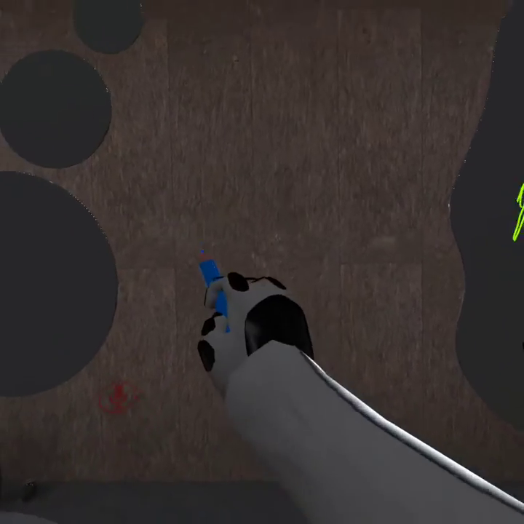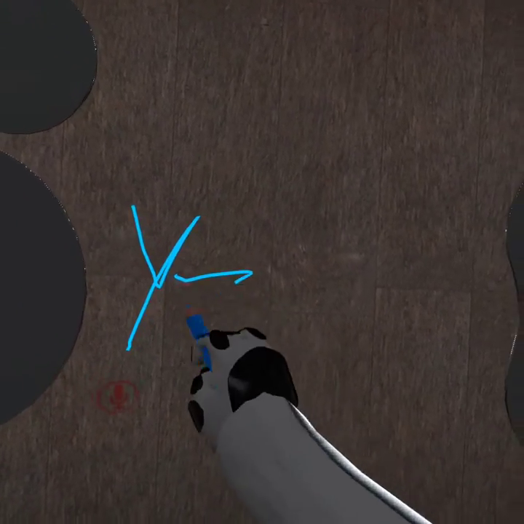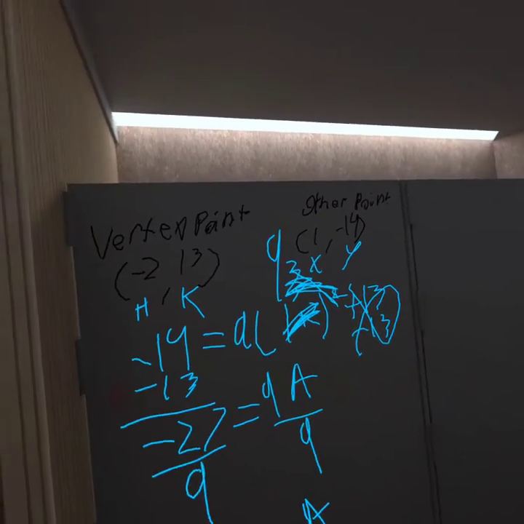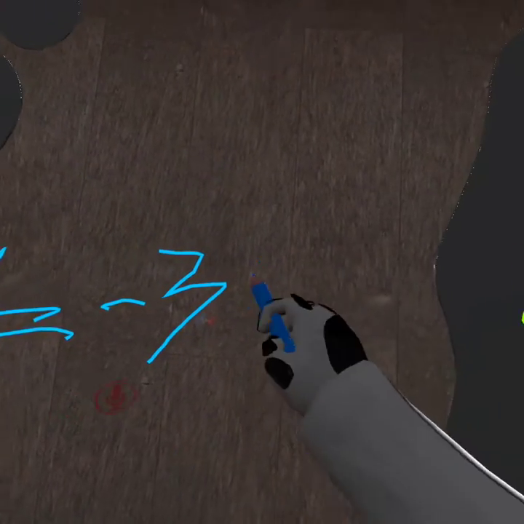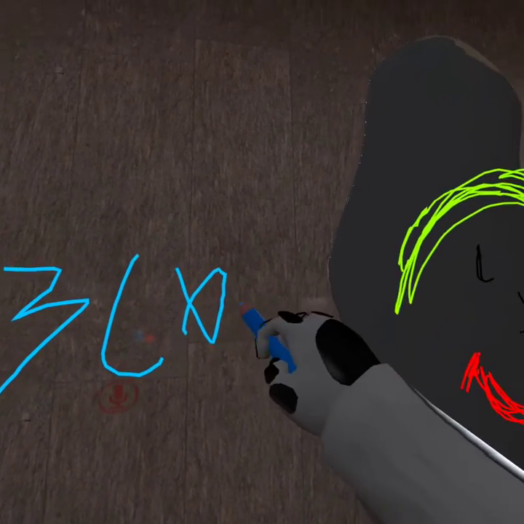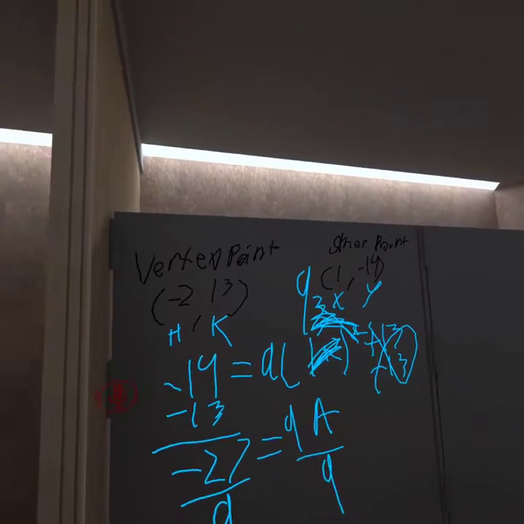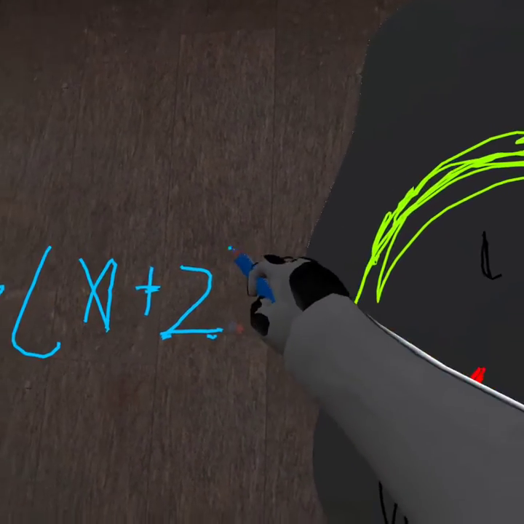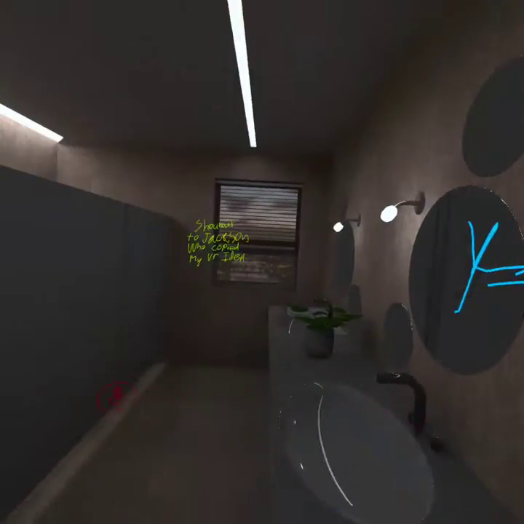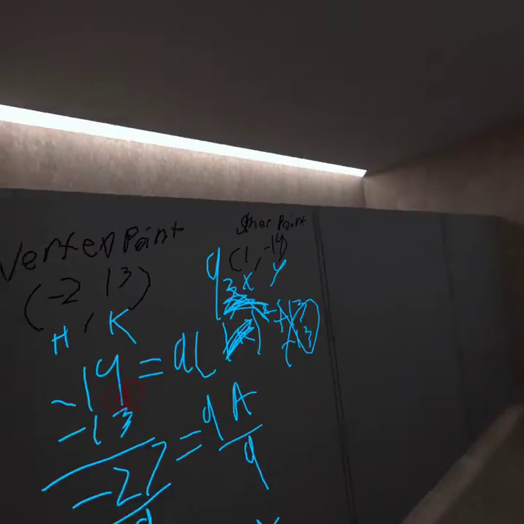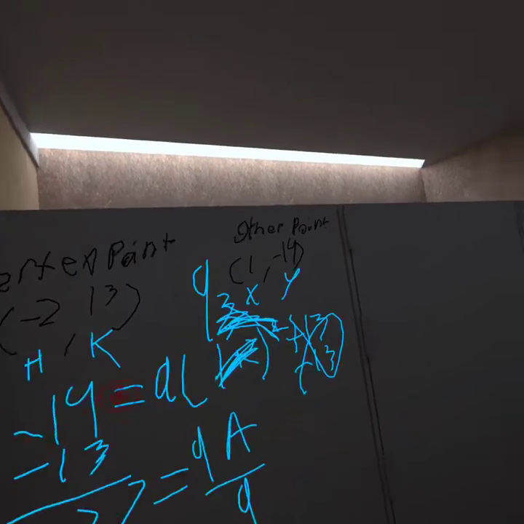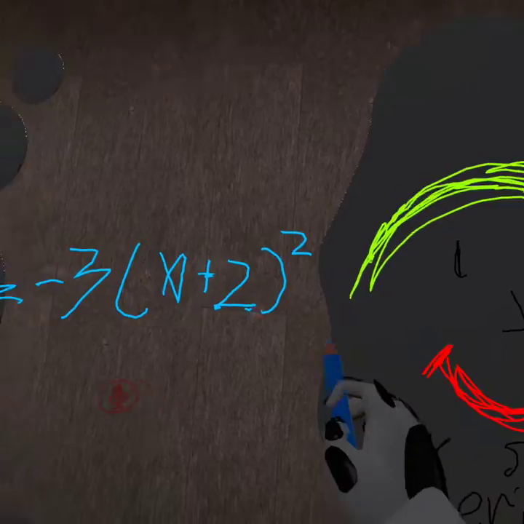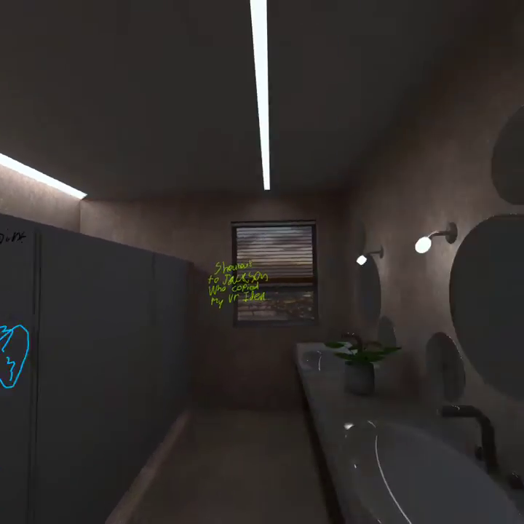So, y is equal to negative 3 times (x plus 2) squared, excuse my drawing, I was bored, plus 2 squared plus 13.